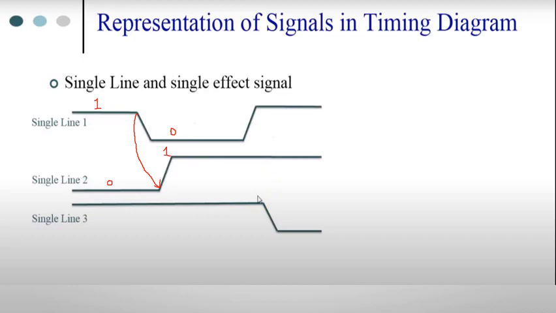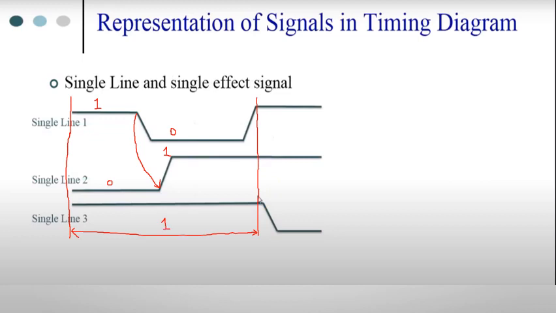Right? Similarly, we can compare signal line 1 to line 3. For line 1, you can see that when a complete clock cycle is over, that is, a transition from 1 to 0 is over, until then line 3 is in state 1, isn't it?